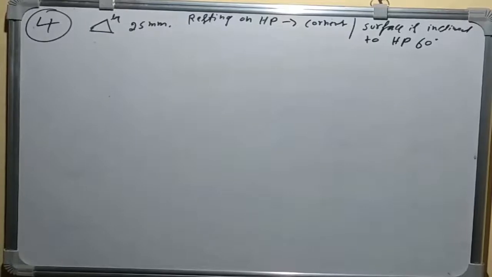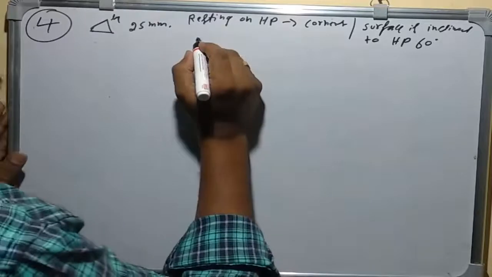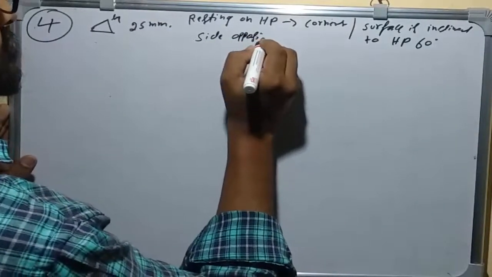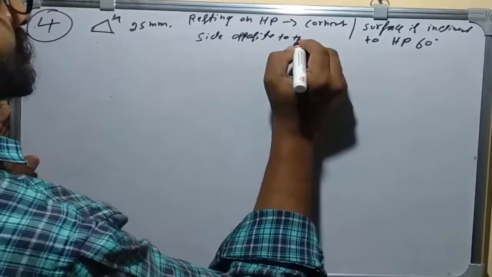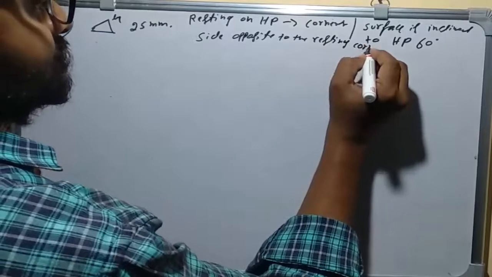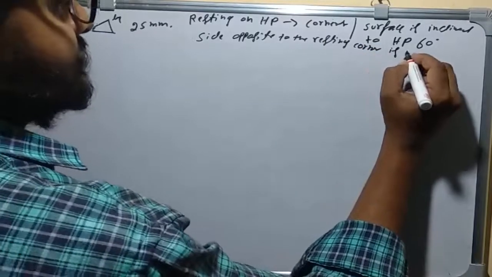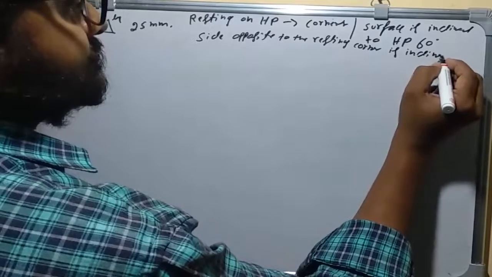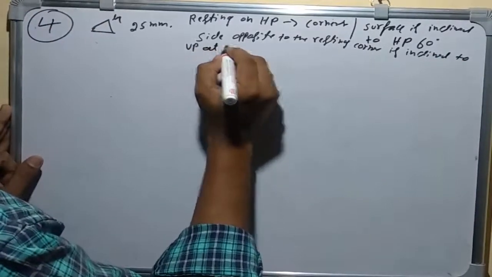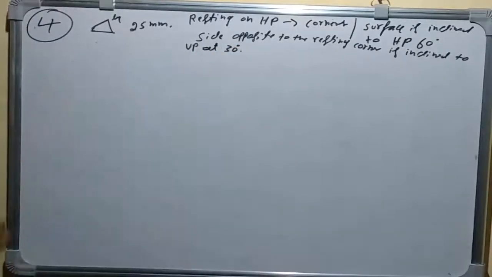For the third step, they gave the side opposite to the resting corner is inclined to VP at 30 degrees. So these are the data they gave, and we got the data for all the 3 steps.